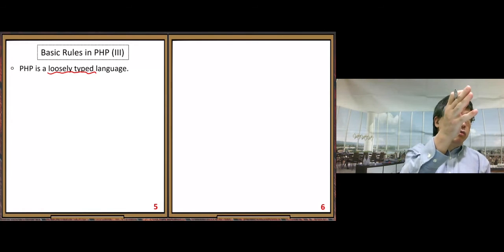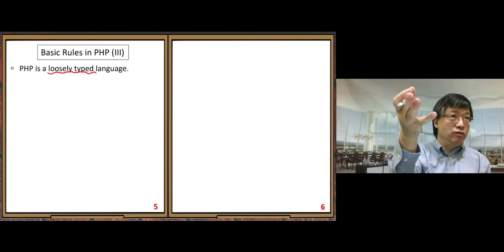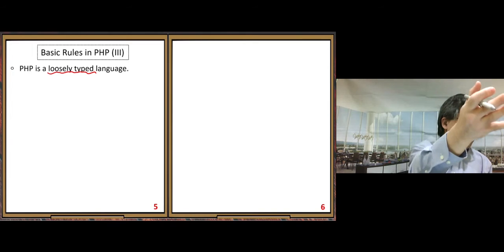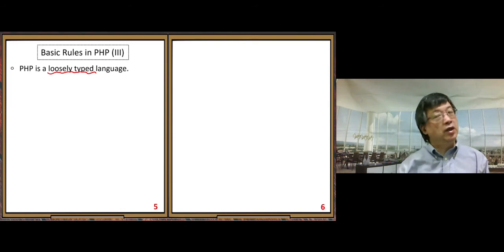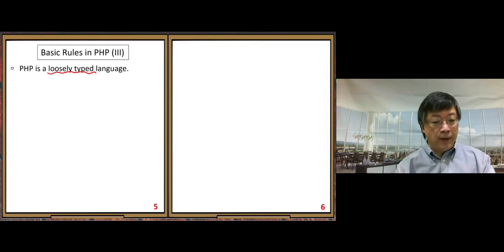In JavaScript, we do not do type declaration, right? When we use a string or a number, we do not need to tell the browser whether this is a string or a number. We do not need to tell explicitly. All right, so that's this rule.